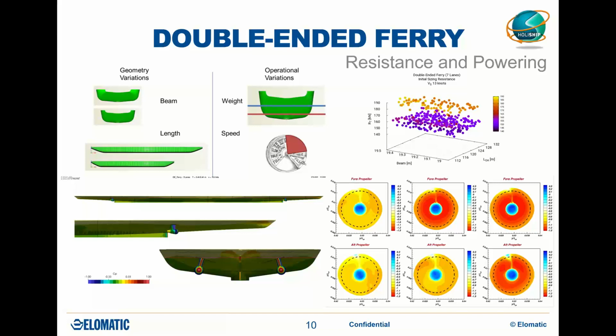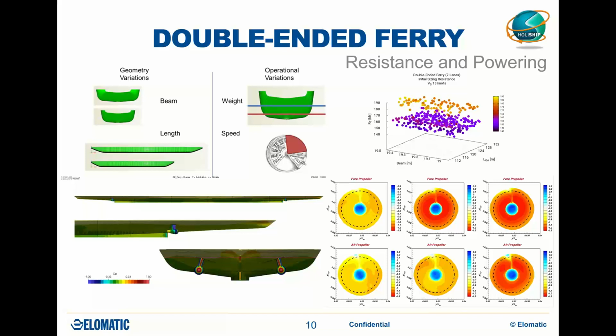As you can see in the upper left corner, the parameters are the length and beam of the ferry. Then the optimization was done for different displacements, drafts and trims, and for different speeds.